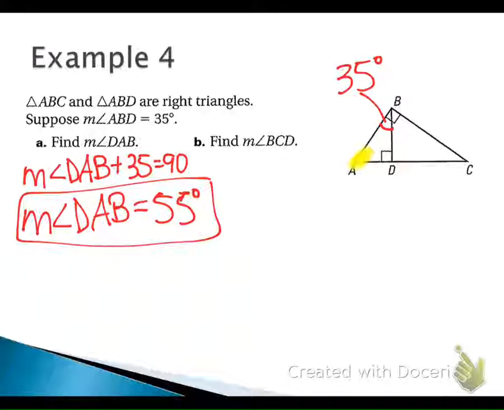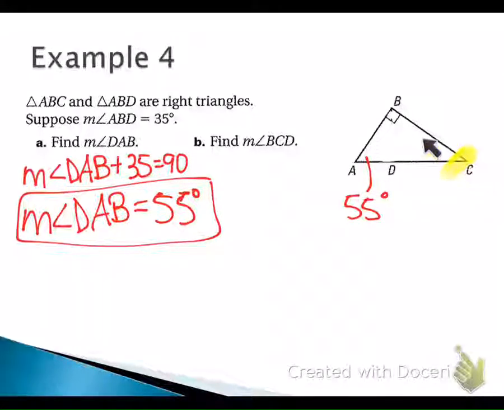On letter B, we are asked to find the measure of angle BCD. That's this angle over here. In order to find that, I can use the fact that I figured out that this angle is 55 degrees, and the fact that I've got a right triangle, the larger right triangle.